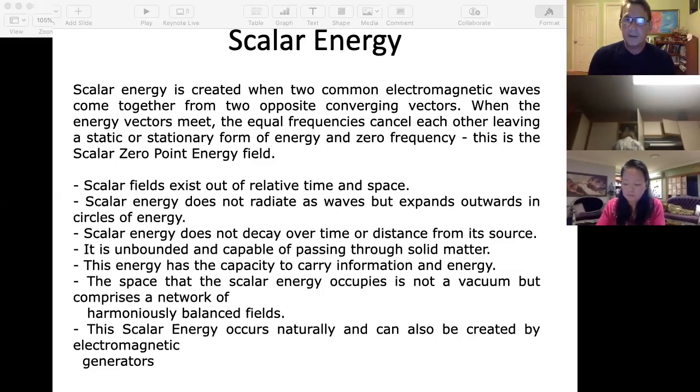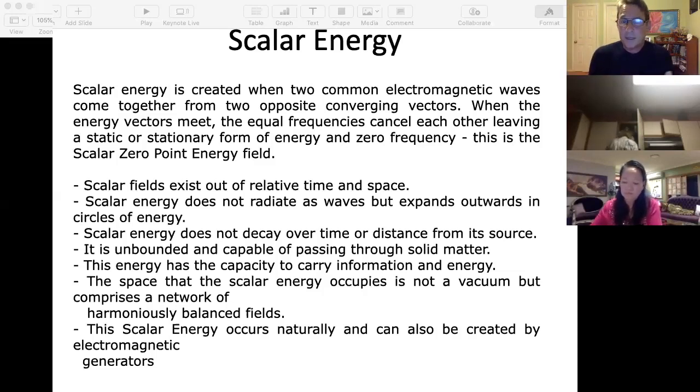Now, this scalar field exists outside of relative time and space, and this is why we can access the higher dimensions of consciousness beyond the interference of the Earth's electromagnetic field. So they expand out in circles.